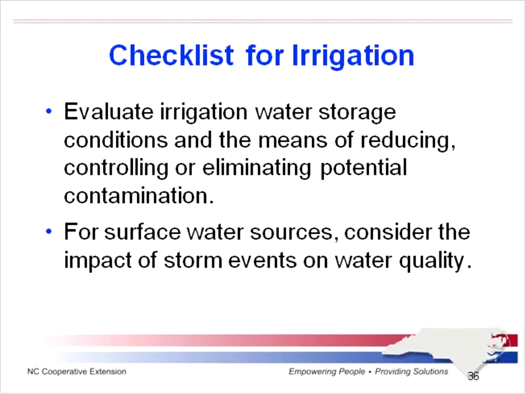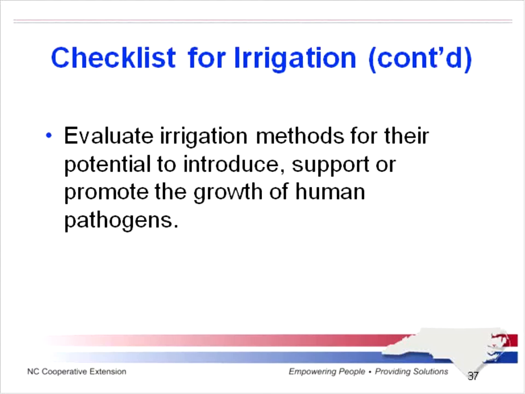This is especially important when we're talking about surface water sources, which you may not have control of the entire water system as it comes to you. So it's important to recognize in your checklist those events which may impact your water quality. For example, stormwater runoff upstream from your irrigation intake.